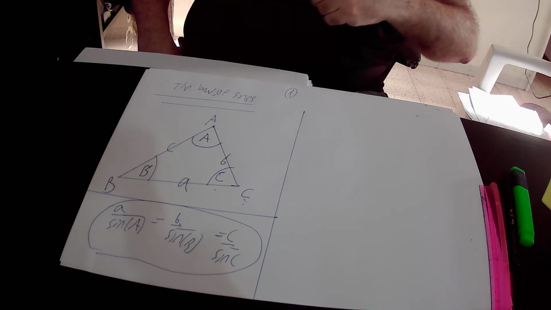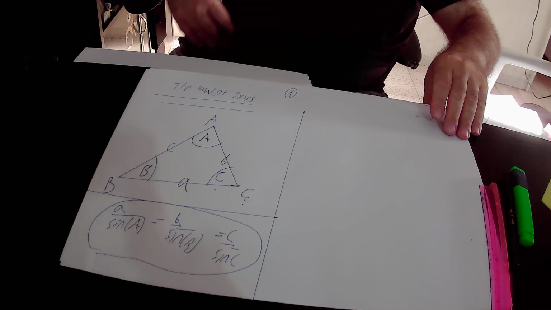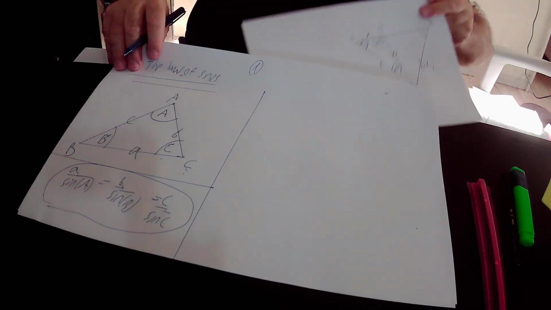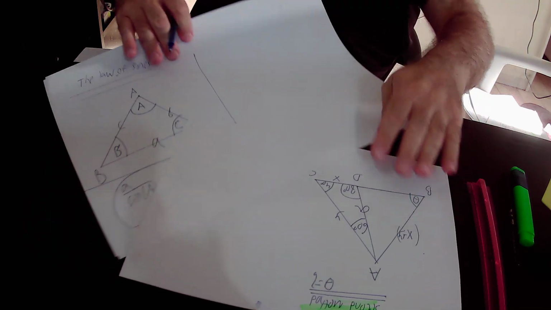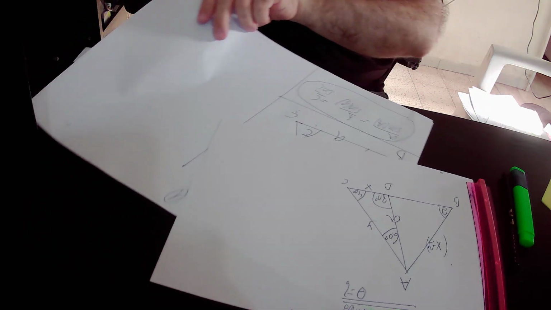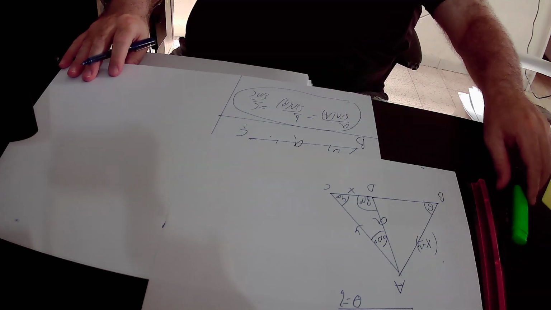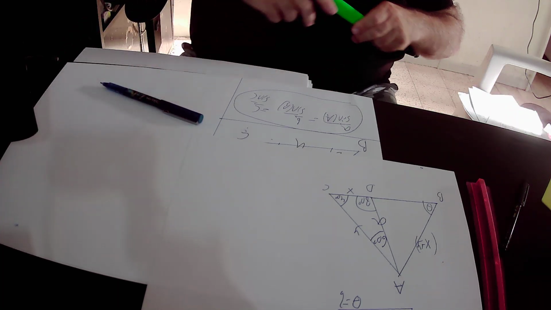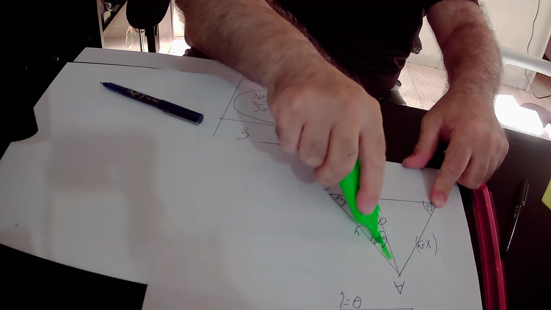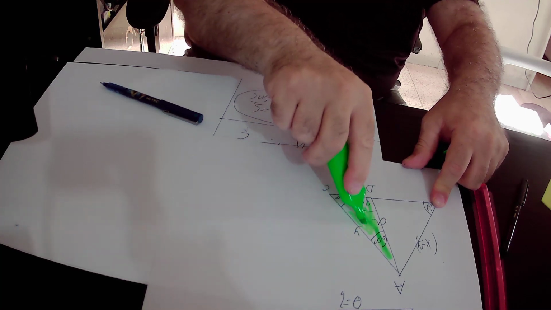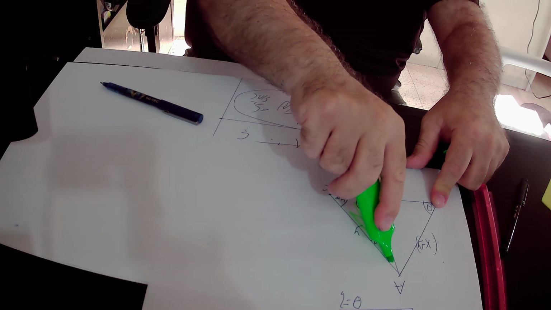Okay, so now we will implement the law of sines in triangle ADC. This is triangle ADC. Here we'll implement the law of sines in the green triangle ADC.